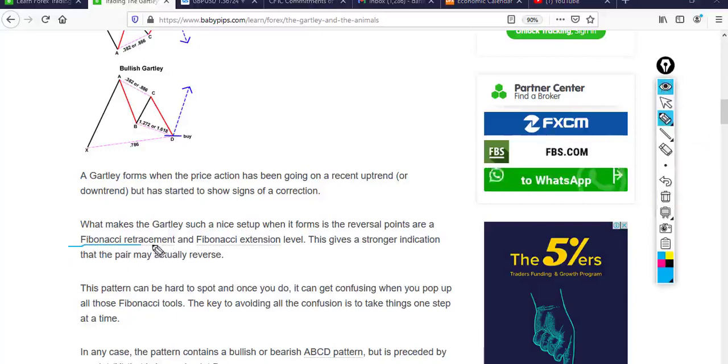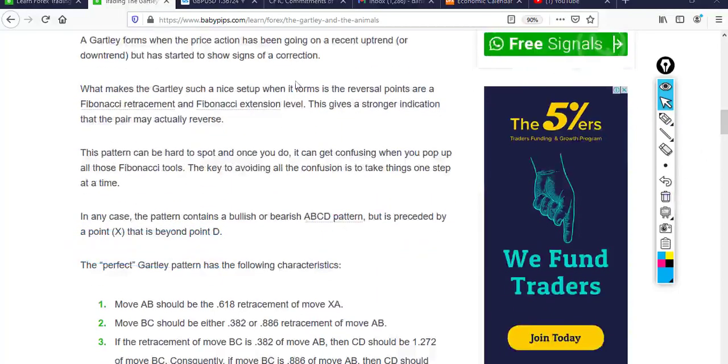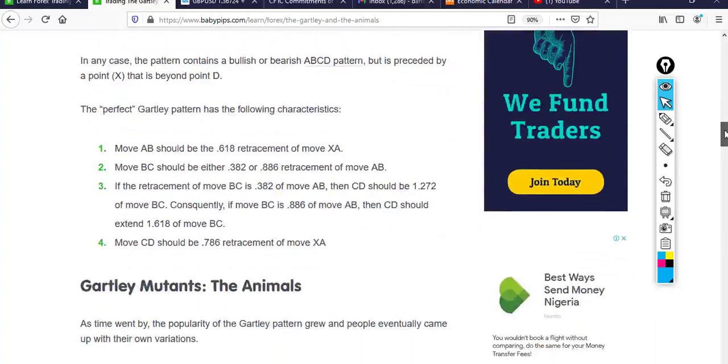They line up very well with this and with this, and this gives a stronger indication that the pair will actually reverse. Now the pattern can be very difficult to identify, but if you are careful enough to follow the pattern one after the other, taking note of the cardinal points, or the characteristics you have to follow, you'll be able to get phenomenal results.